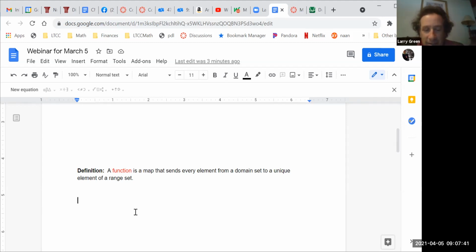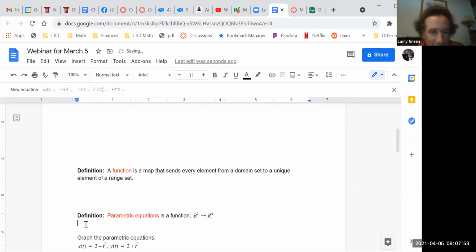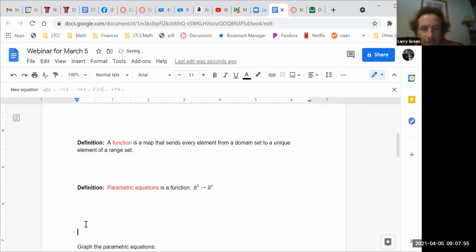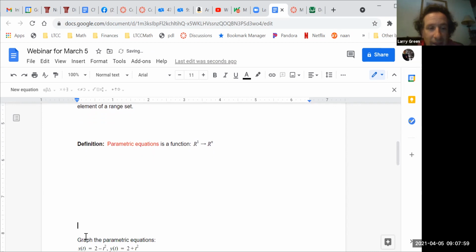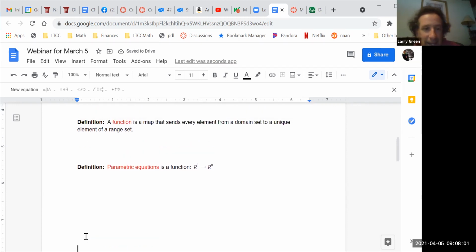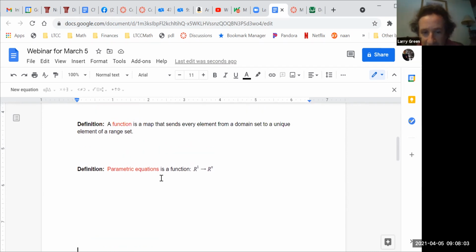Instead, what we want to do is define what's called parametric equations. So let's do that. Now that you all know what a function is, I can use the word function and say that a parametric equation is a function.